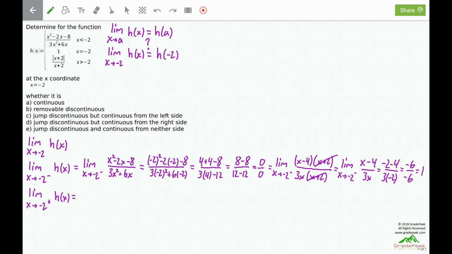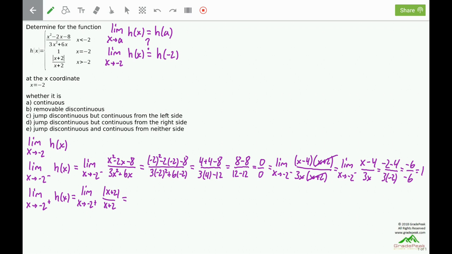Now we can work out the right-sided limit. The right side of negative 2 means greater than negative 2. And up here at the split expression function, for greater than negative 2, we will use that expression for h of x. So h of x can now be replaced with the absolute value of x plus 2 over x plus 2.